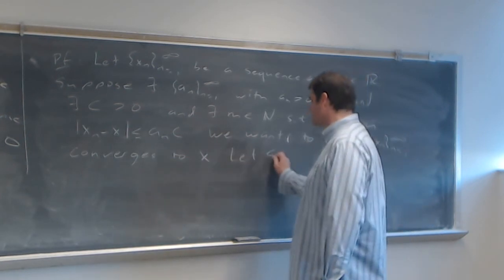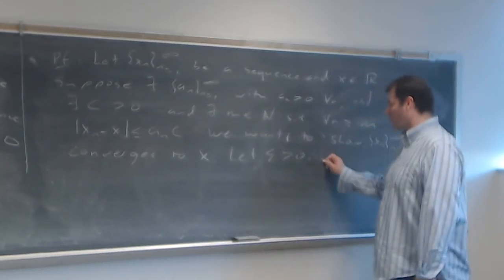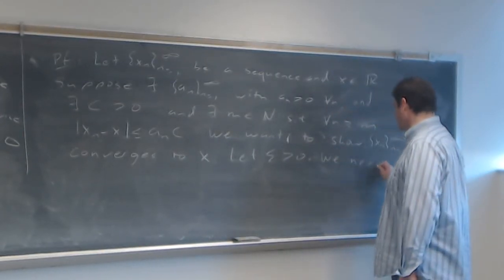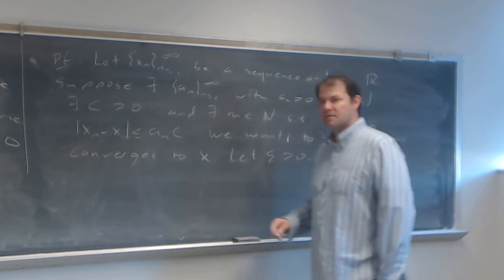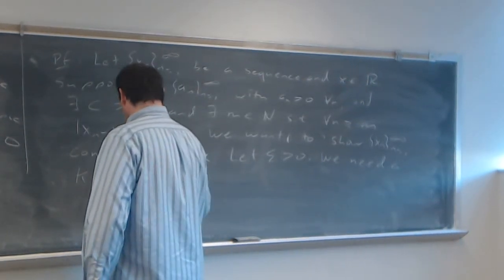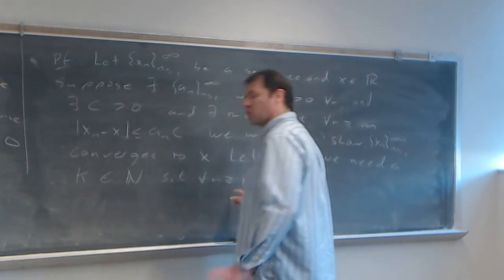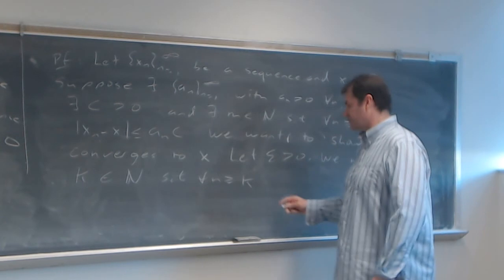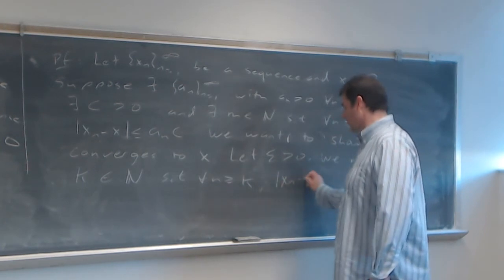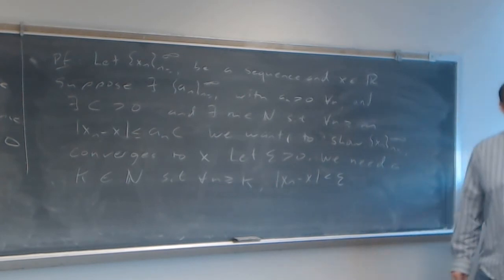That's right. So that's a distance, okay? And what are we looking for? What do we need? We need what, Chuck? Okay. I need a k. That's a spot, okay? So it's a natural number such that for all n bigger than or equal to k, so all terms of the sequence beyond that spot k, their distance from x is less than the positive number that was given to us.